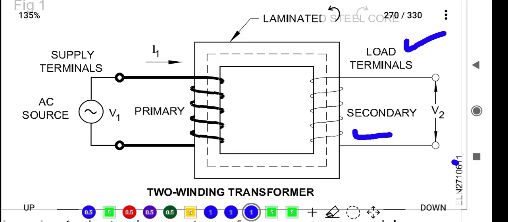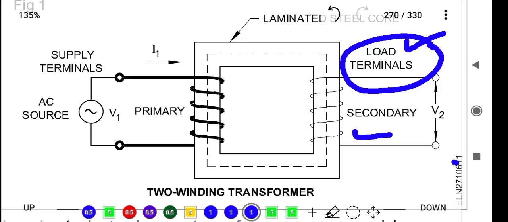Examples: motor, TV, fridge, light, fans. These are loads. So the secondary winding supplies the electrical energy to the load terminal.